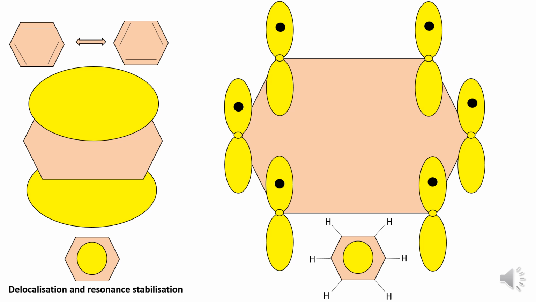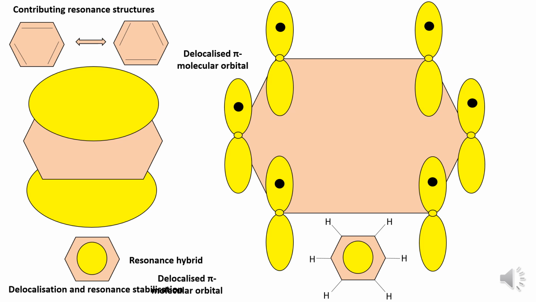And this leads to delocalization and resonance stabilization. So this delocalized pi molecular orbital is represented in the form of a ring. What you see at the center of the ring is a symbolic representation of the delocalized pi molecular orbital.